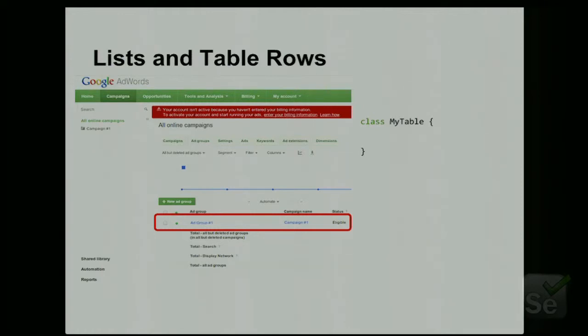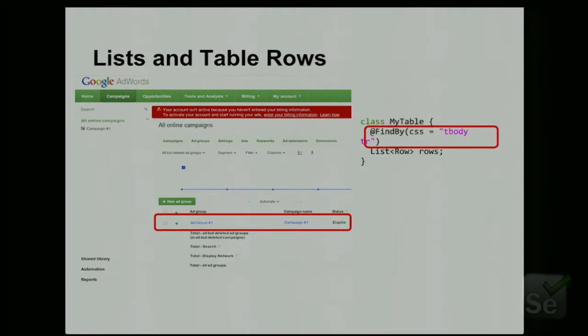Another thing we saw is that there are often repeated elements or lists of elements. So you have a table and it has a bunch of rows, an arbitrary number of rows. You don't know ahead of time if it's going to be 1, 2, 3, 10. You want your page objects to be generalizable to however many rows you're going to have in your page, right?